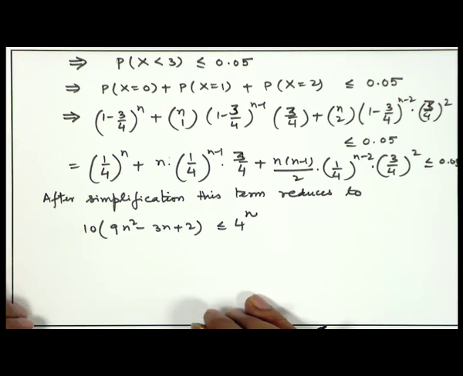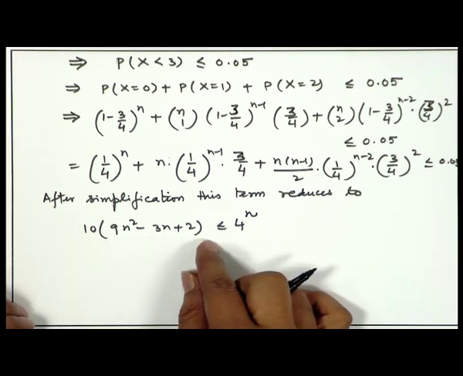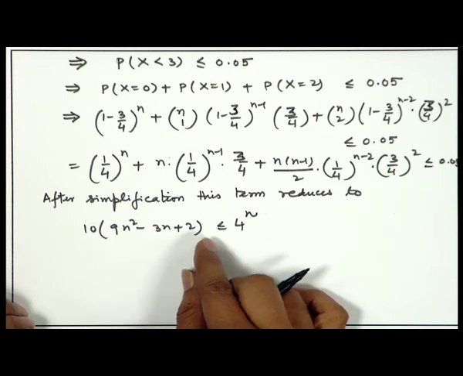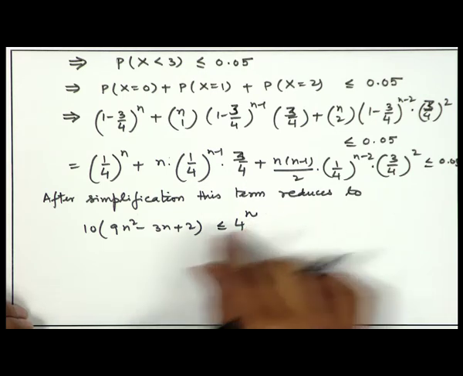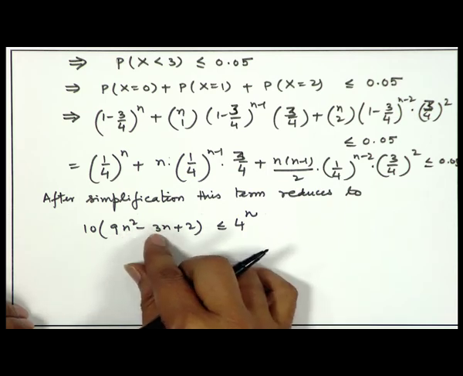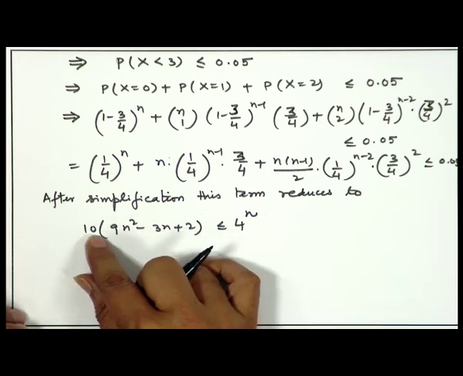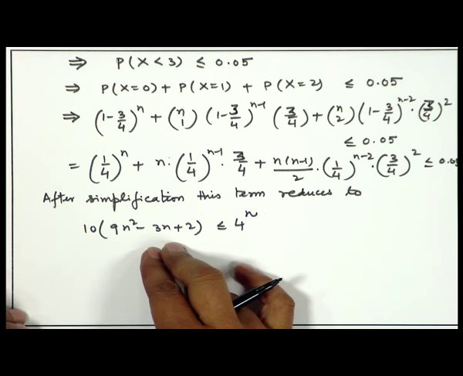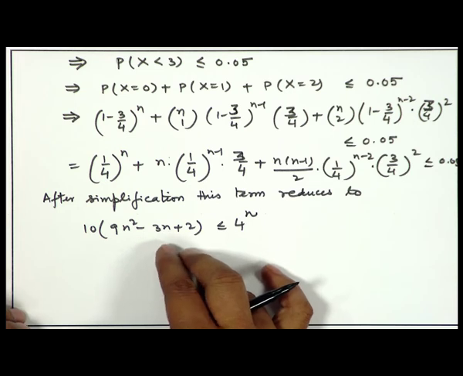Now, we have to check for what values of n this becomes true. For example, if I take n equal to 1, then the right hand side is 4 and the left hand side becomes 9 minus 3, that is 6, plus 2 is 8, 8 times 10 is 80. So, this condition is not satisfied. If I take n equal to 2, 3, 4, 5, the condition is not satisfied.